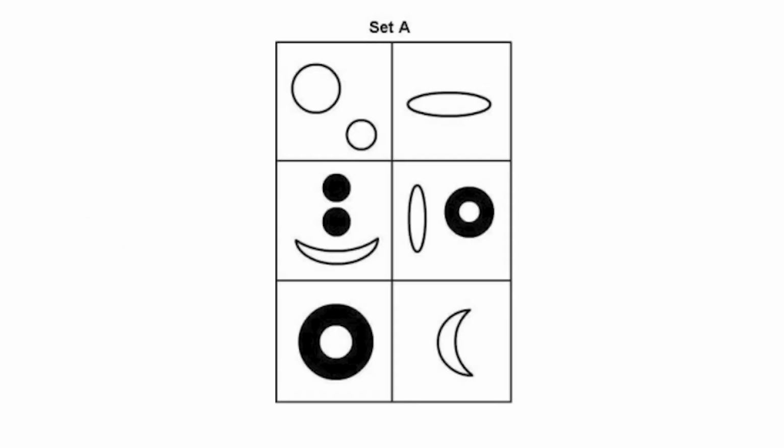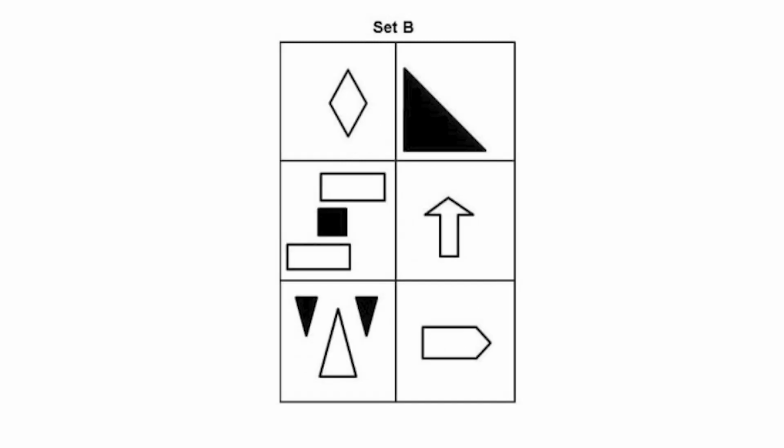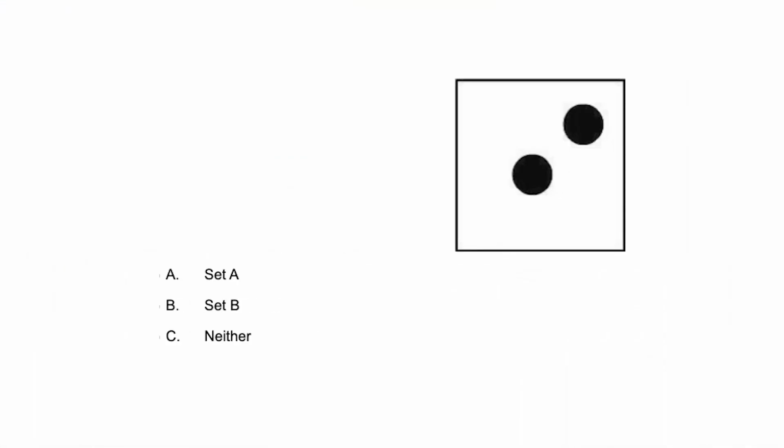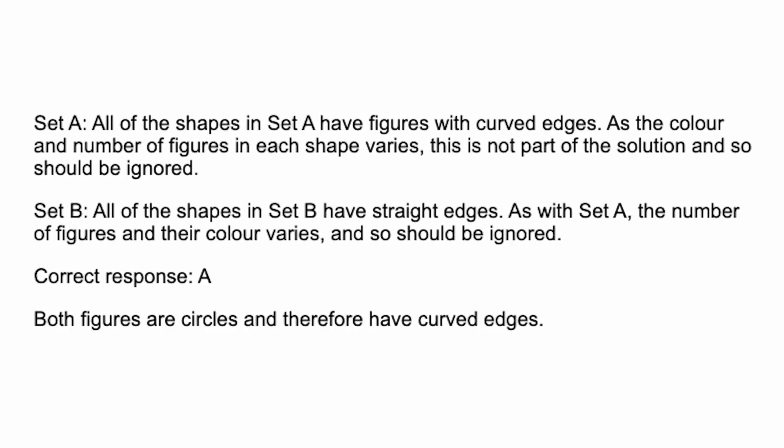If we do that, we can see that in set A, all of the shapes have curved edges, and in set B, all of the shapes have straight edges. And actually in this question, the colour and the number of figures in each shape should be ignored. They are distractors and they're not part of the pattern of either set. So if we look at the test shape, this is a really easy one to answer quickly. It's got curved edges, therefore it belongs in set A.